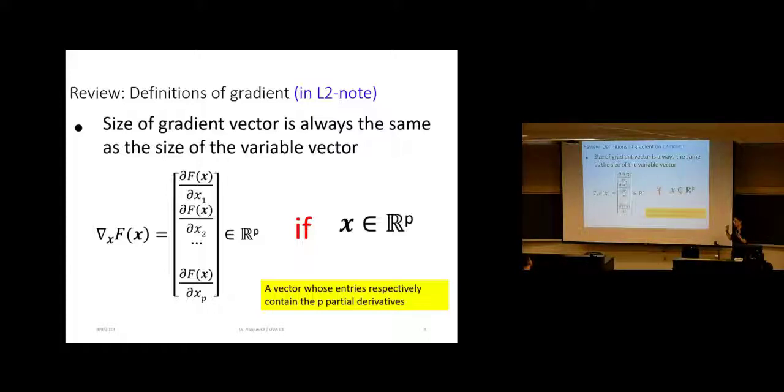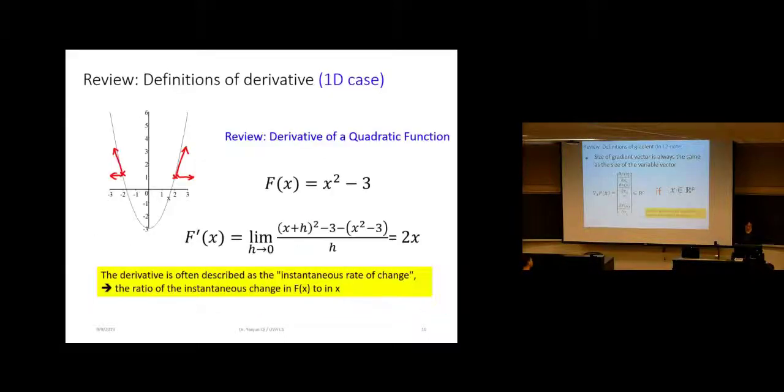When you have a multidimensional input, gradient is a vector. What is gradient in the two arrows I showed there? What is gradient in this figure?